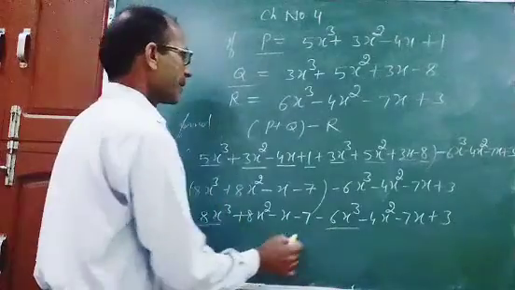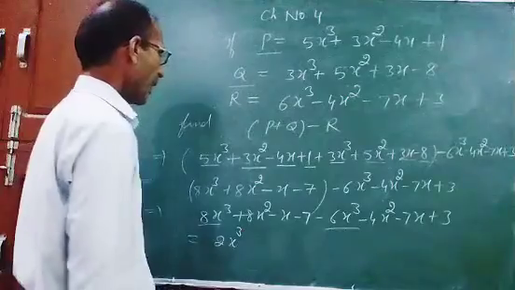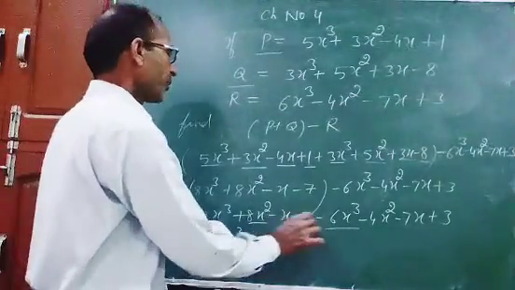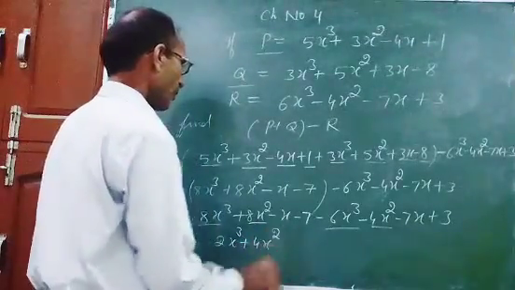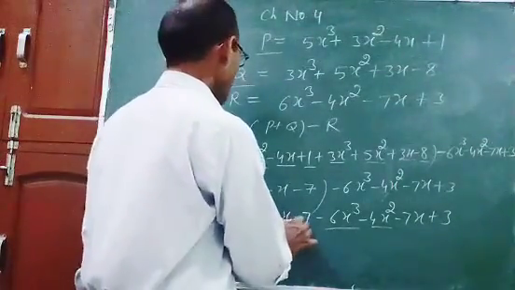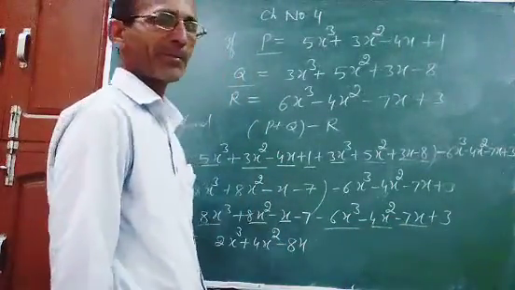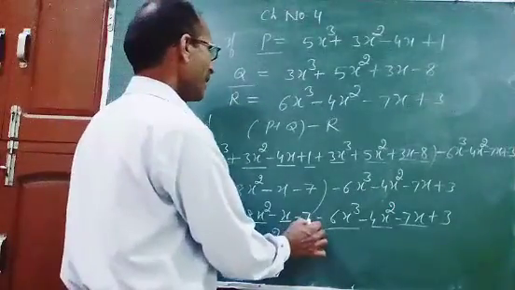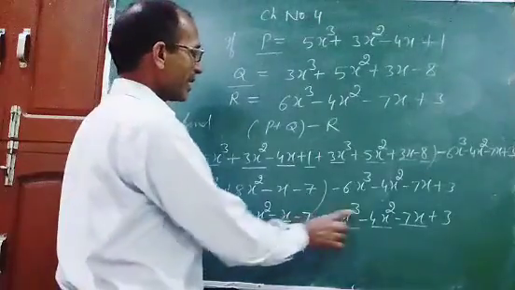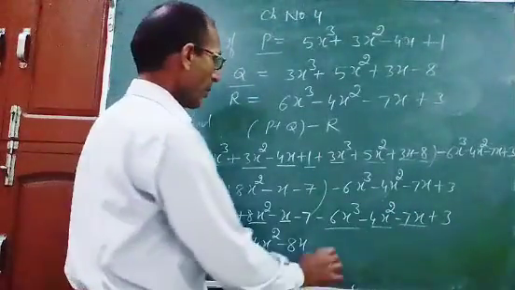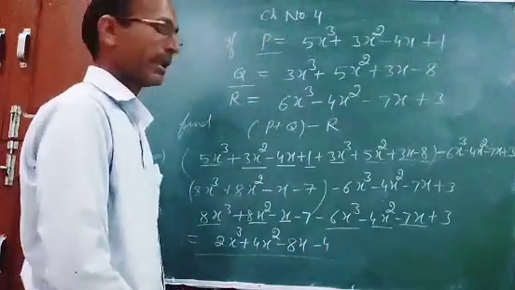8x cube minus 6x cube gives 2x cube. 8x square minus 4x square gives 4x square. Minus x minus 7x gives minus 8x. Minus 7 plus 3 gives minus 4. This is the solution.